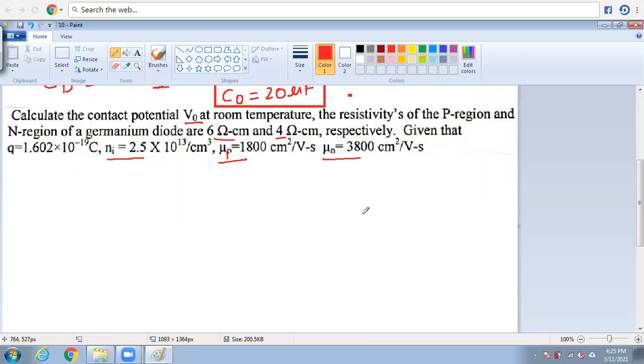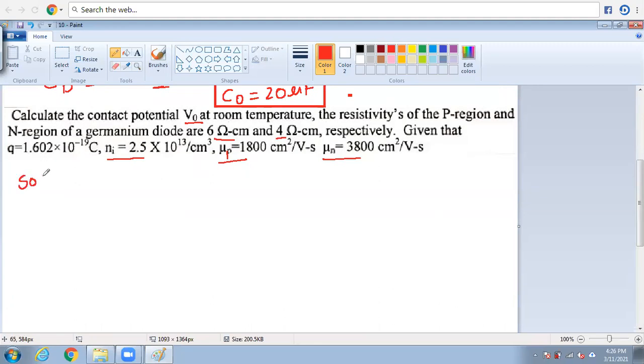There is a relation between sigma and resistivity: sigma is inversely proportional to rho.